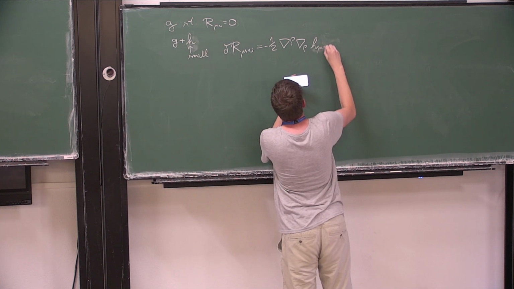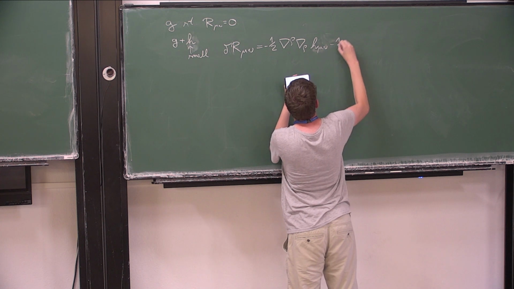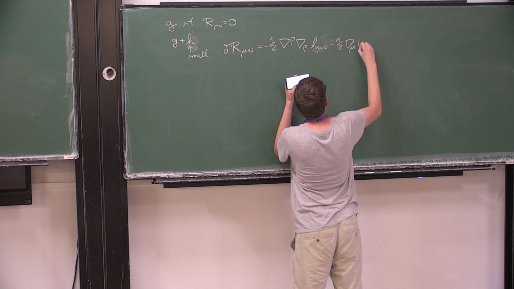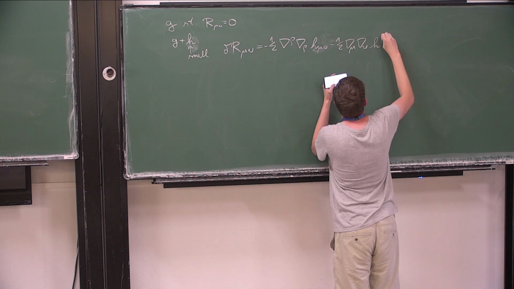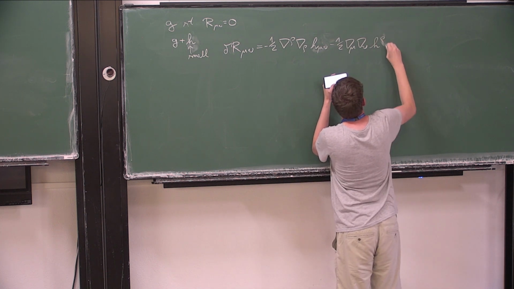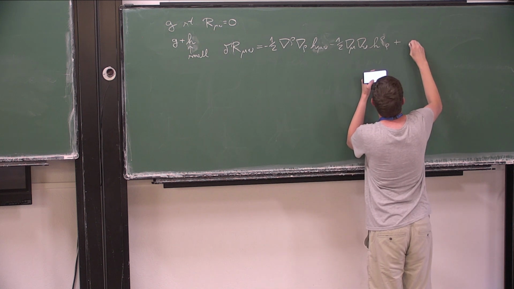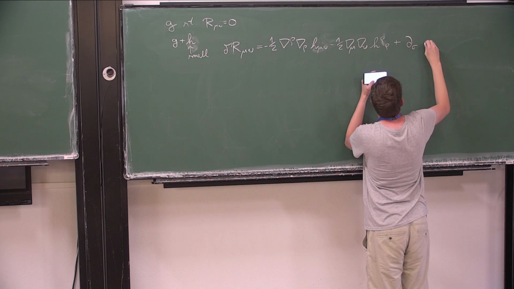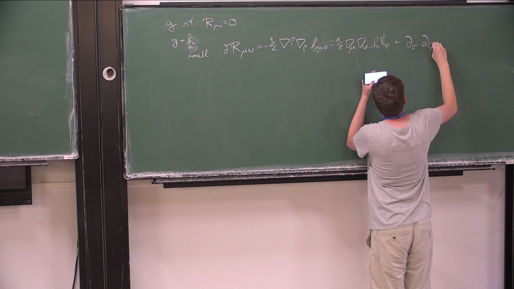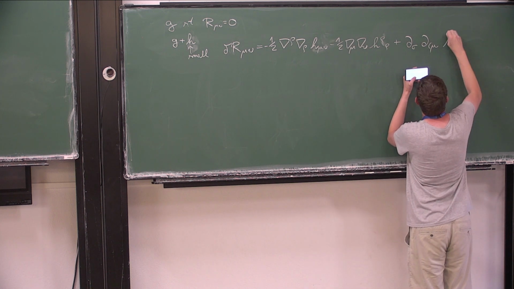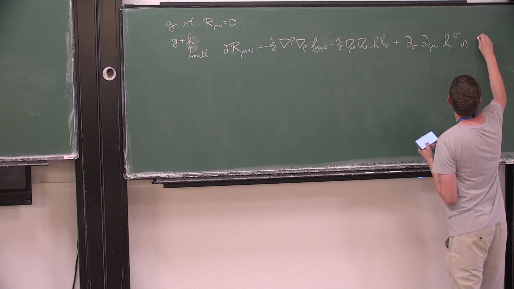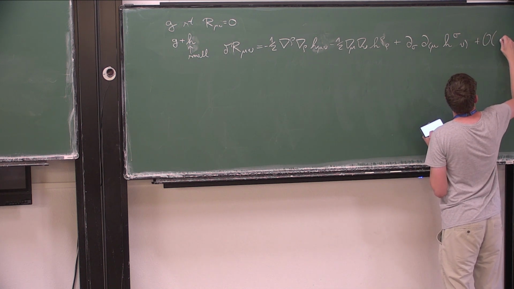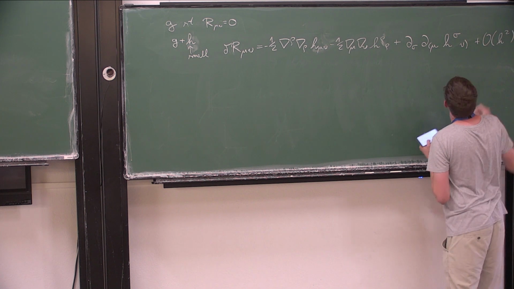h mu nu minus 1/2 nabla mu nabla nu h rho rho, plus here I will write some symmetrization on this thing, like this, and then plus stuff that's like h squared.